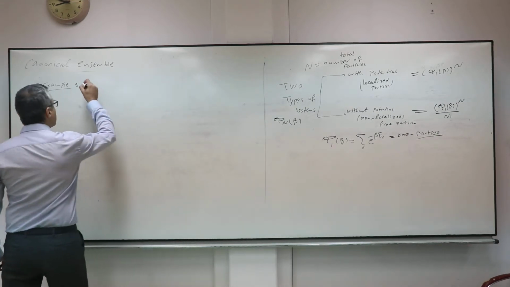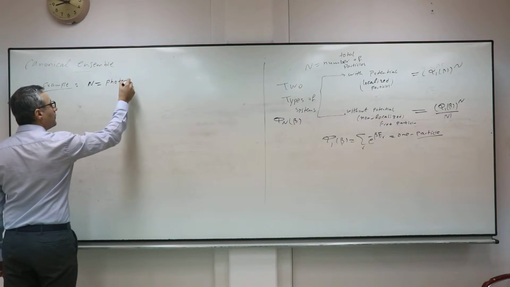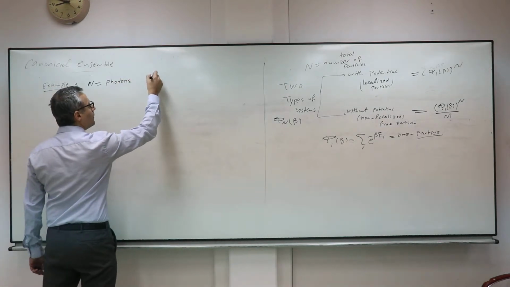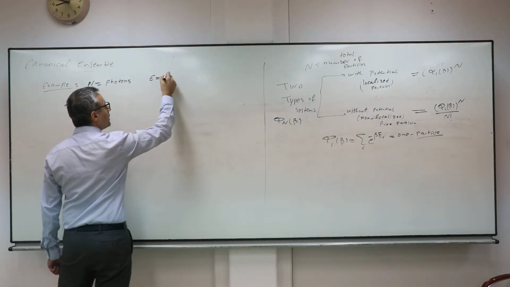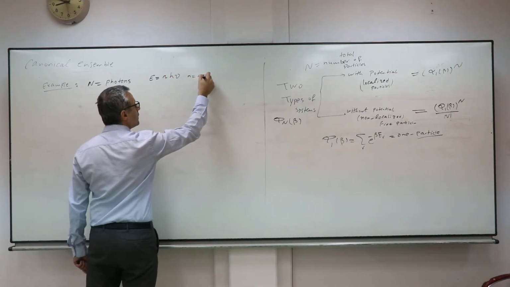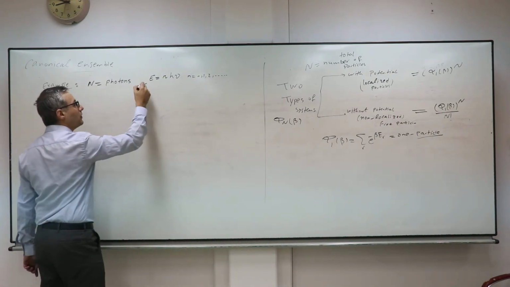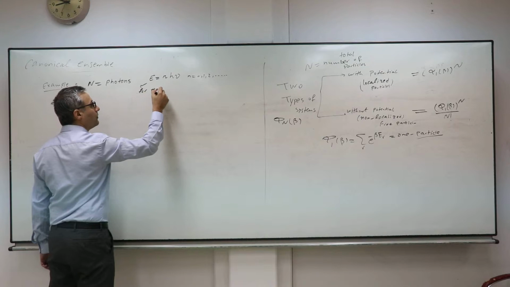I consider a system of n photons, where the equation for the energy is n h nu. This is the energy for each photon.